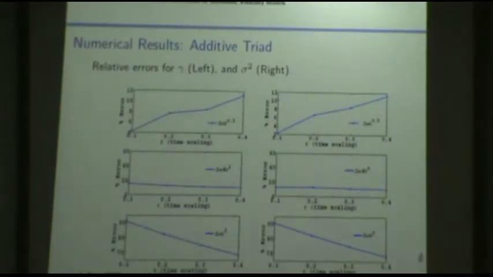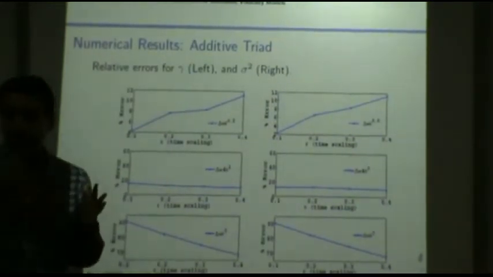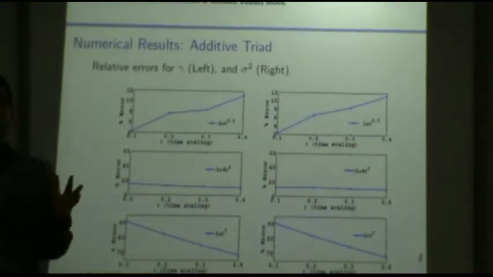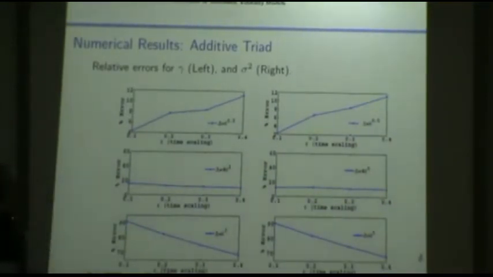So biochemical reaction networks would be a system of ODEs, where some of the reactions are happening on a much faster time scale, and some others are happening at a much slower time scale. So the rate constants for these reactions could be very different.